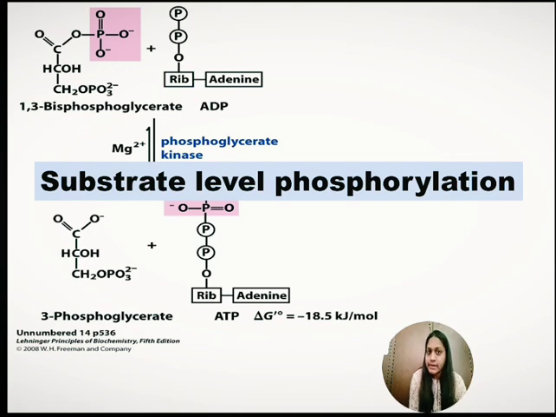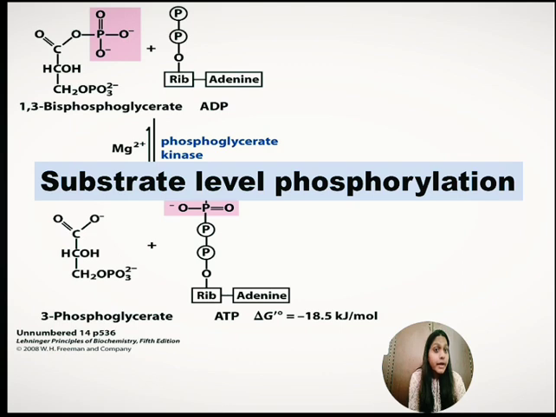Phosphoglycerate kinase, as I said, requires the cofactor magnesium for its activity. The phosphoryl group present at carbon 1 is donated to ADP so that it forms ATP. Since there is ATP generation in this step, it is referred to as the first substrate level phosphorylation step.